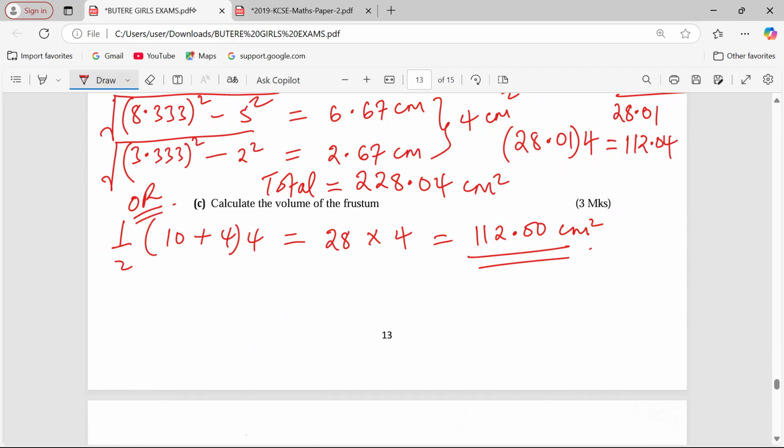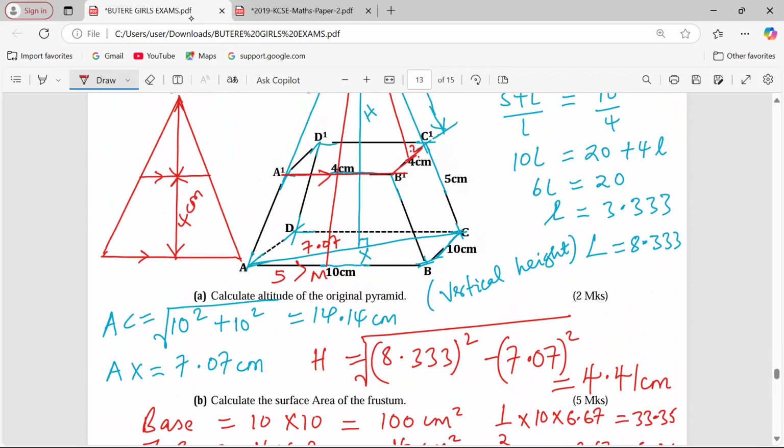In part C, we are to find the volume of the frustum. For us to get the volume of the frustum, we need the volume of the original pyramid minus the volume of the smaller pyramid, which was cut. So we need a third multiplied by base area times height. 10 times 10, then times the vertical height.